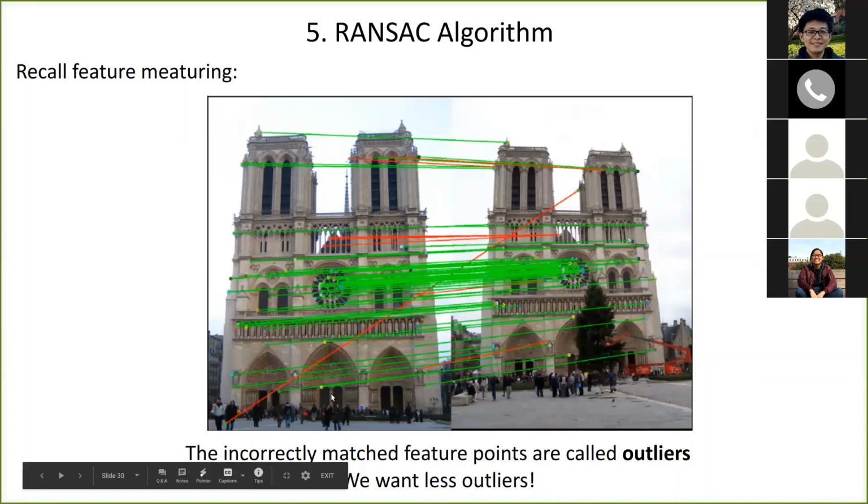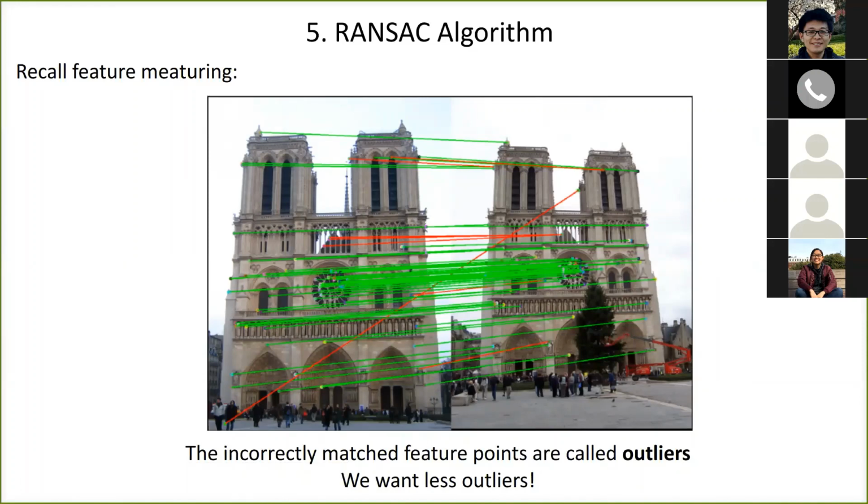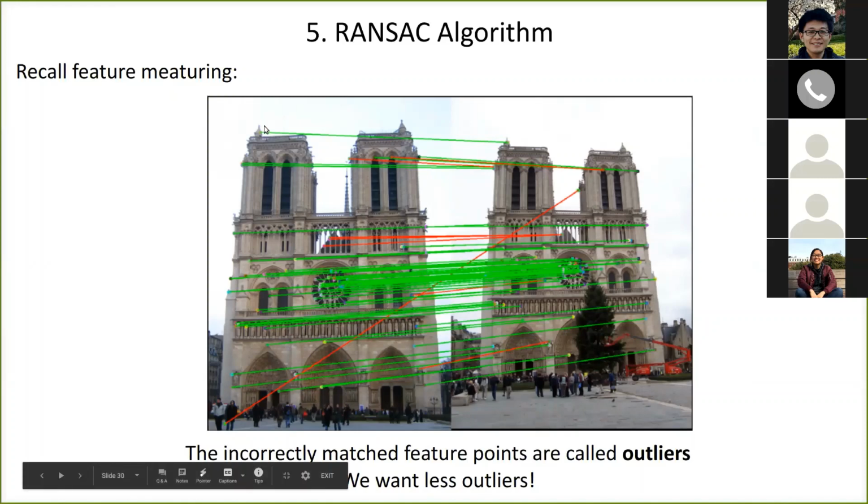So sometimes, because there may be some mismatching between the two frames, we may have some outliers. Maybe this point and this point are correctly matched. You can see they're also the corners of this church. But this point and this point are actually mismatched, right?